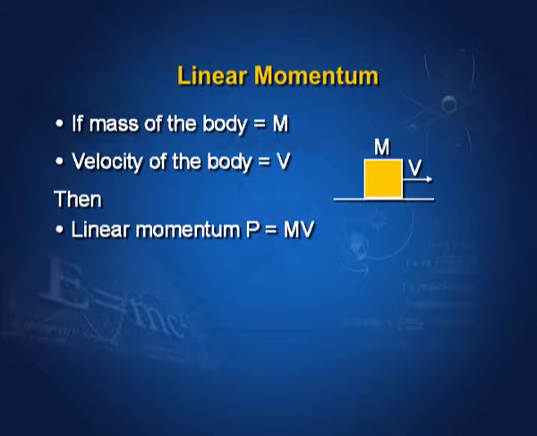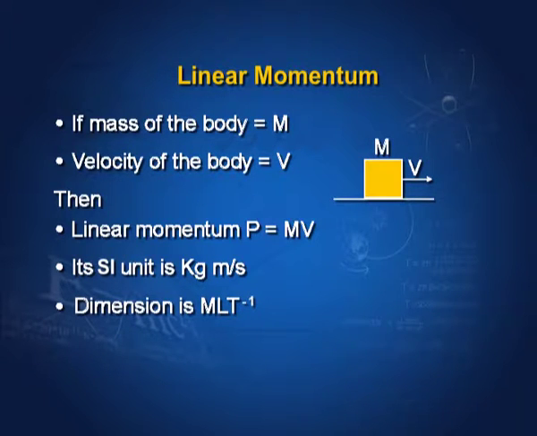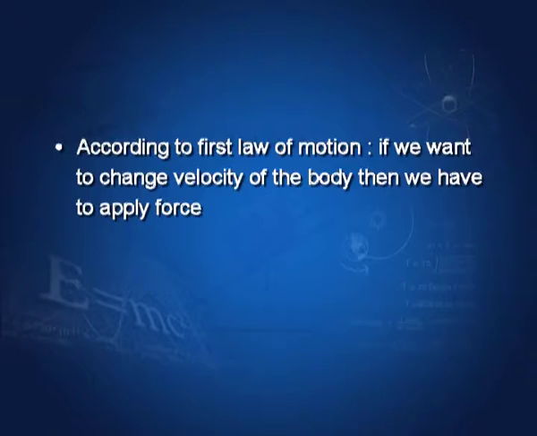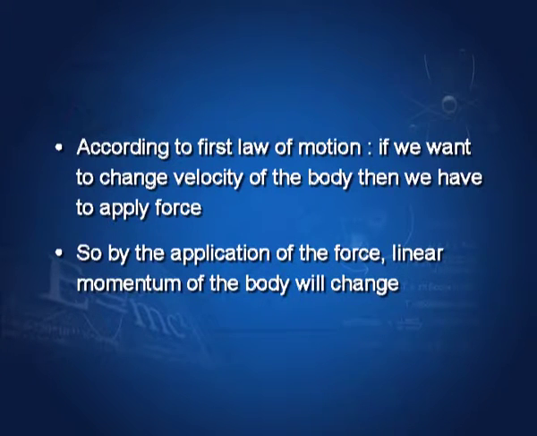So, p equals m into v. Its SI unit is kilogram meter per second and the dimension is MLT^-1. As we have learned, according to the first law of motion, if we want to change the velocity of the body, then we have to apply force. So, by the application of force, the linear momentum of the body will change.